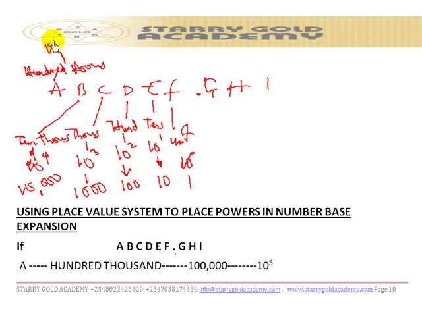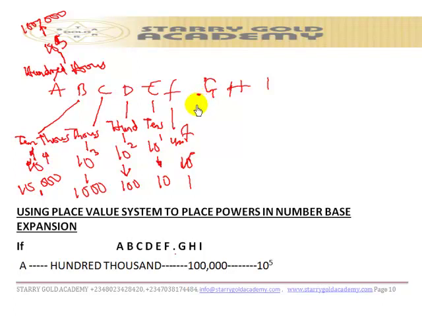That's 10 raised to 5. 10 raised to 5 is 100,000. Now you see. What about numbers after the decimal point?